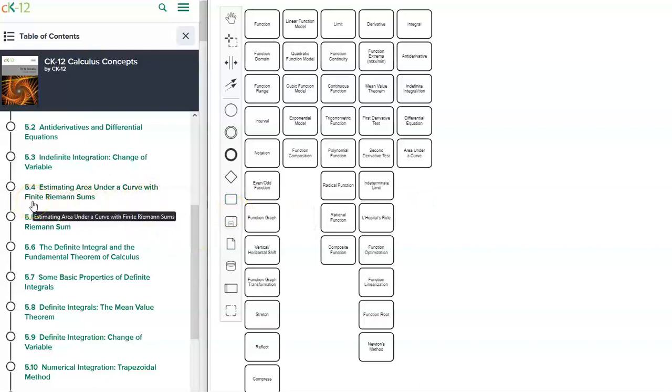Ooh, what's this one? Finite Riemann sums. Sounds important. Finite Riemann sums. The definite integral. Okay, so we did have the indefinite integral, and now we have a definite integral. And I'm guessing there's definite integration, so let's go ahead and put that on there too.